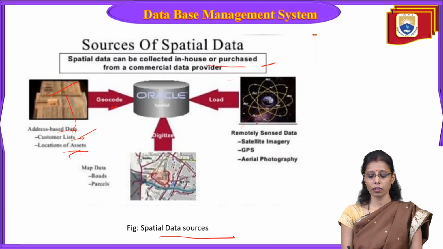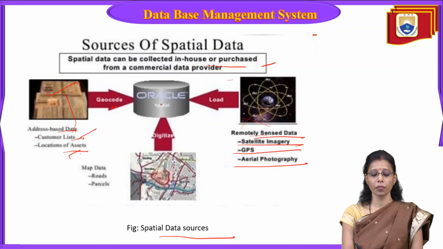Then you have data loaded from remotely sensed sources: satellite imagery, GPS, and aerial photography. We get this information through satellites, aerial photos like photogrammetry, and the GPS system, and then it is loaded in the DBMS. Later you have map data, roads and so on, again through the digitizing process in the software.